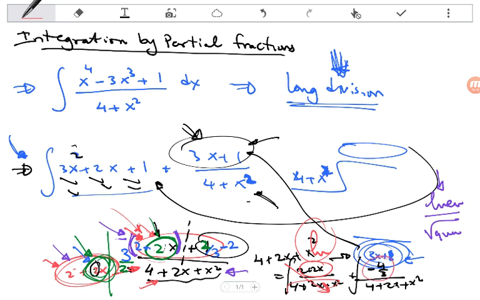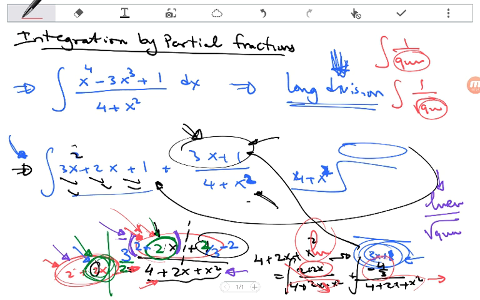Okay? Now for the other term, which is a constant over the quadratic form, we have learned how to deal with a constant over quadratic or one over root quadratic. How would I deal with it? I just make a complete square. And when I make a complete square, the result will be in the table.